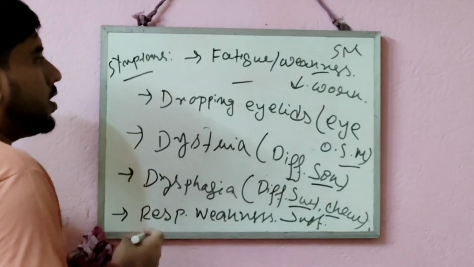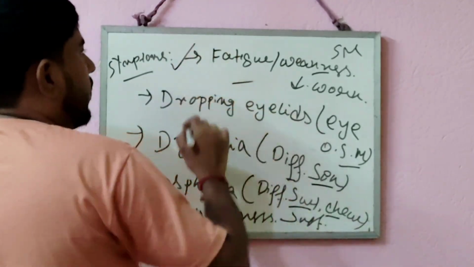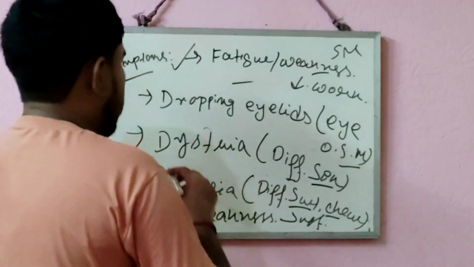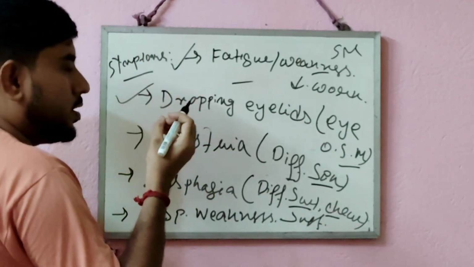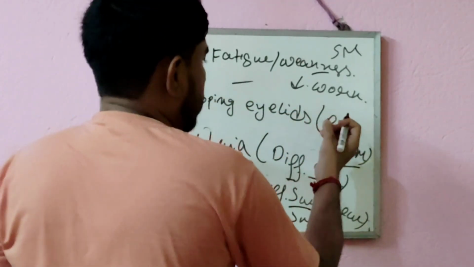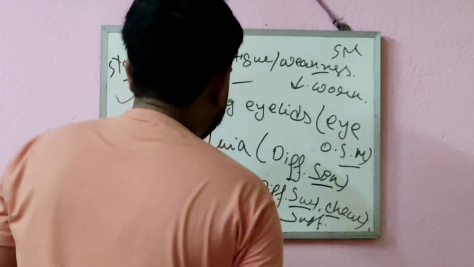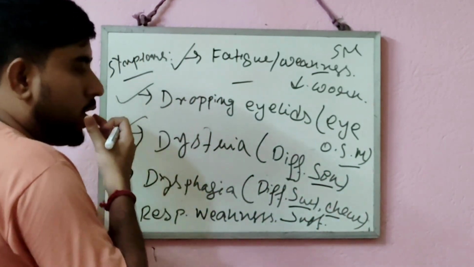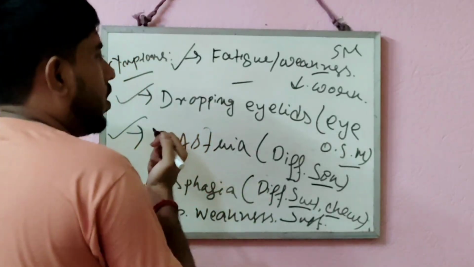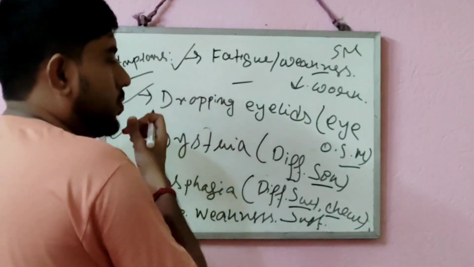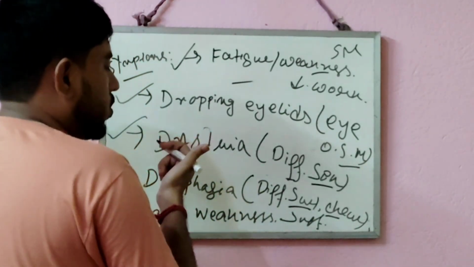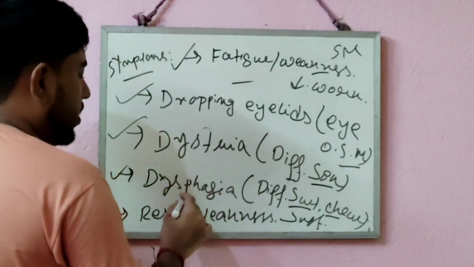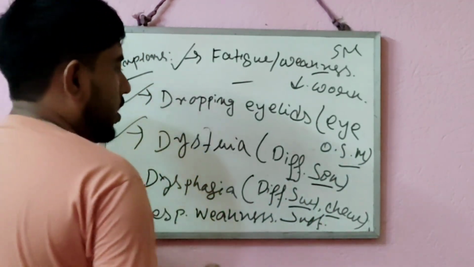So whenever one person is suffering from fatigue or weakness of smooth muscle and has no interest in doing work, their eyelids start dropping due to the inactivity or fatigue of the eye or ocular smooth muscle. According to the activity or inactivity of the smooth muscle in the mouth, that can cause difficulty in chewing and swallowing food, called dysphagia.